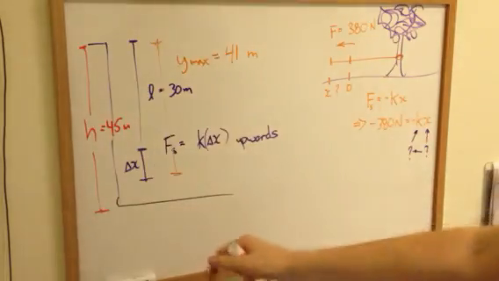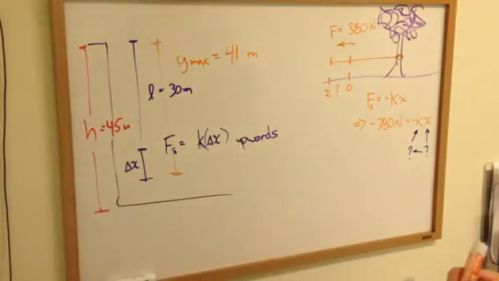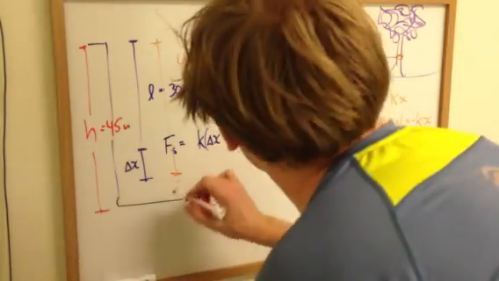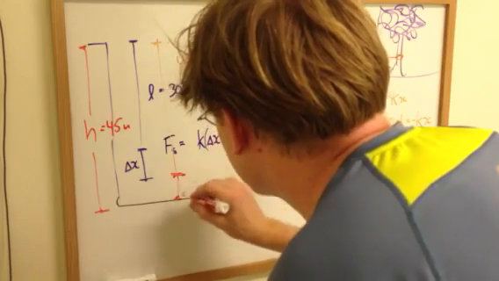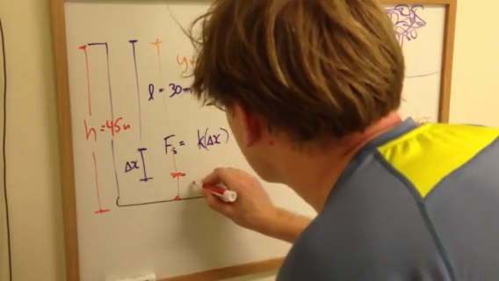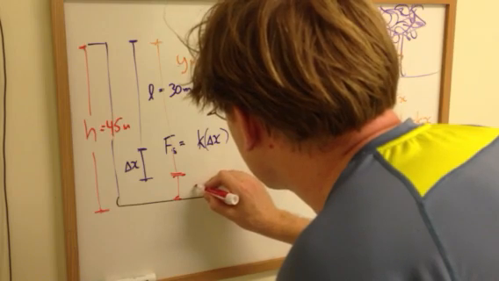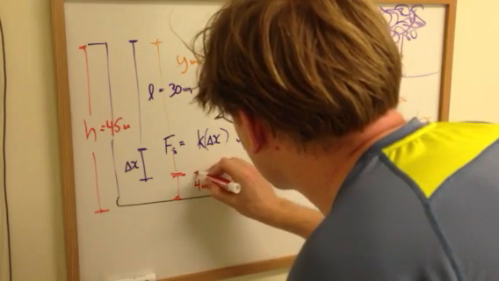So you're standing there, you say that he's going to fall 41 meters, the height is 45, well, therefore you're really saying that he has some safety here of, well, that's not much, it's only 4 meters. So this distance here is 4 meters.